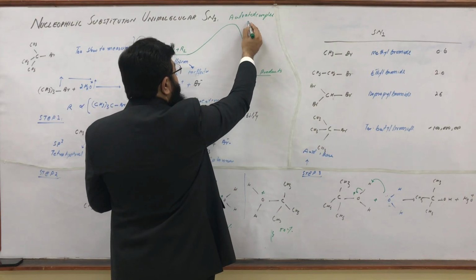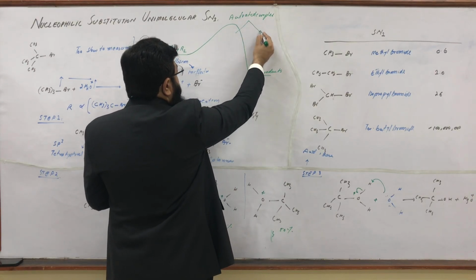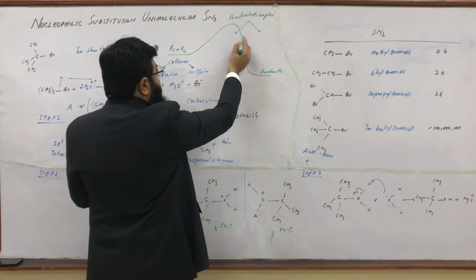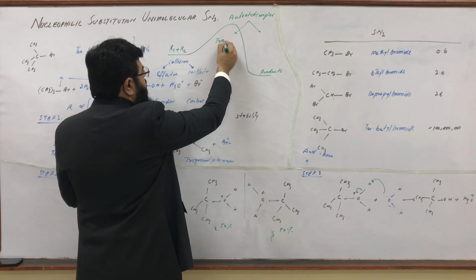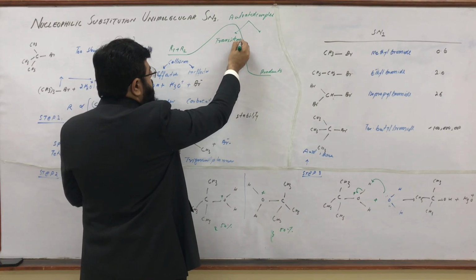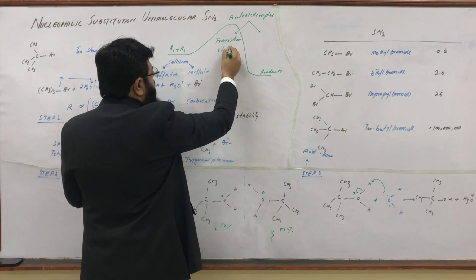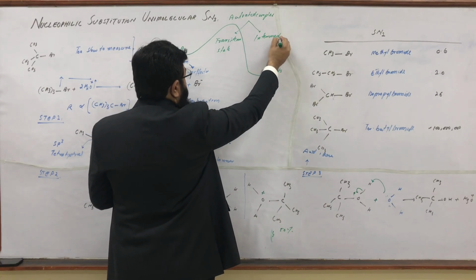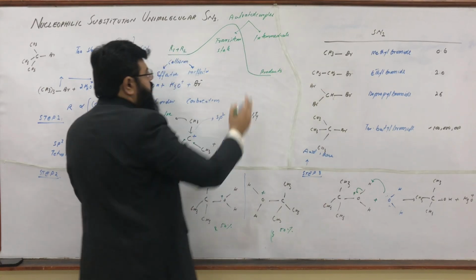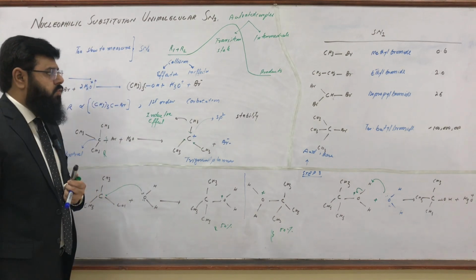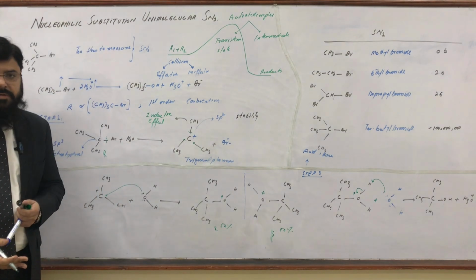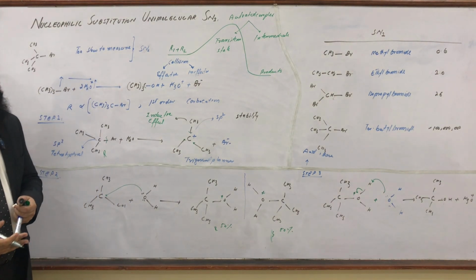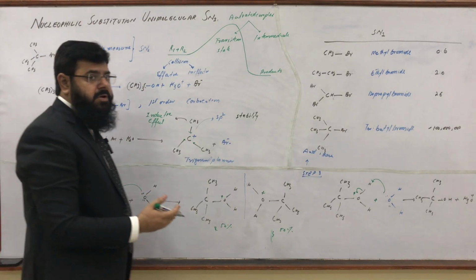This activated complex may be categorized into two classes. One of them is transition state and the other one is intermediate. So how can we distinguish which species is a transition state and which species is an intermediate?